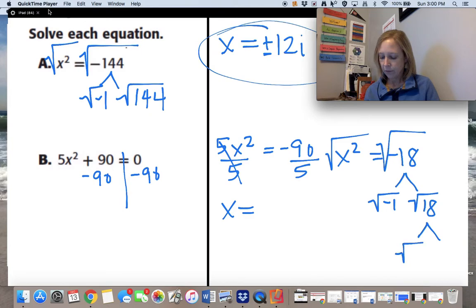That's the square root of 9 times the square root of 2. So I've got a lot going on here. So in my answer, I need to include i, the square root of 9, which is 3, and the square root of 2. And then I have to remember to put my plus minus in front. Plus or minus 3i root 2.